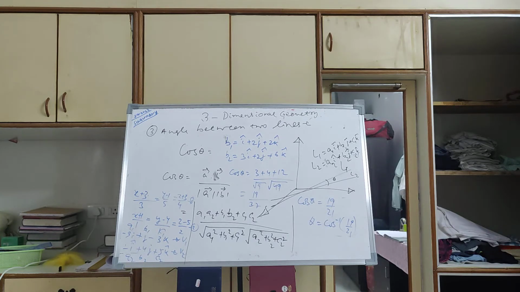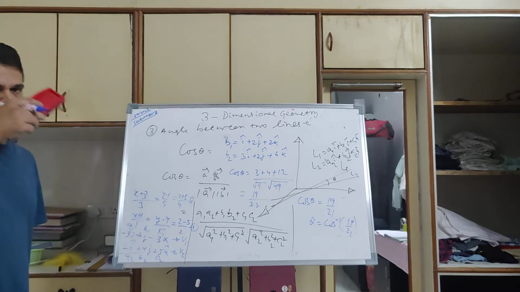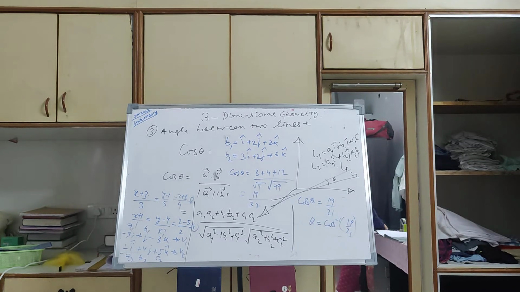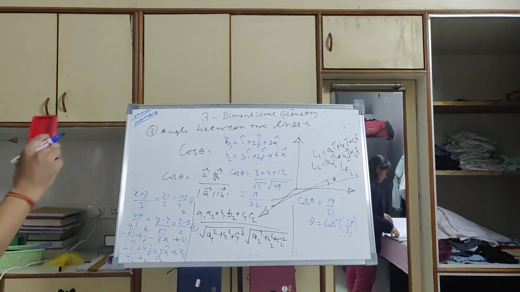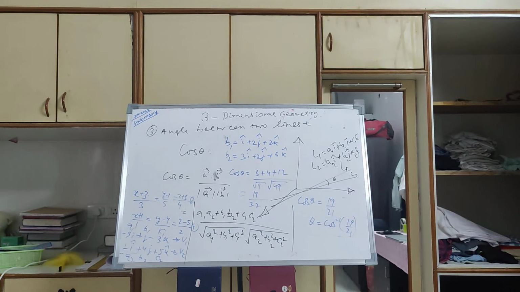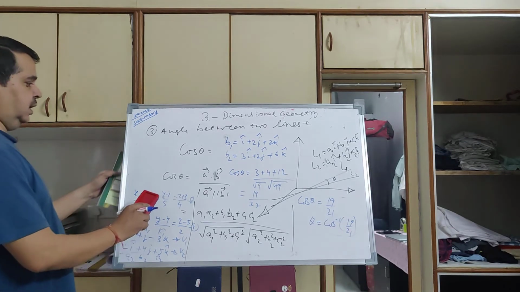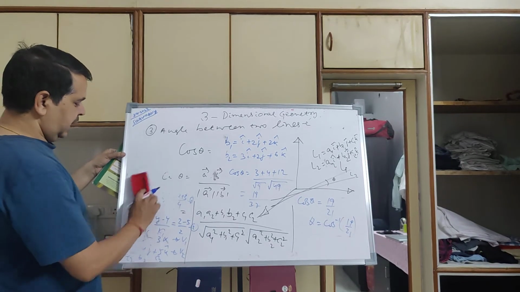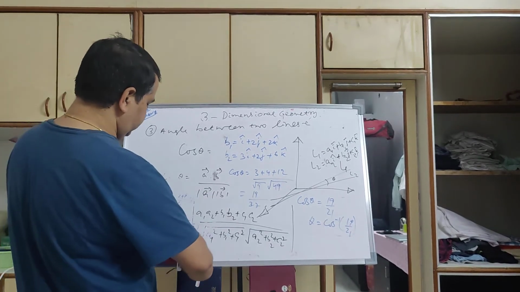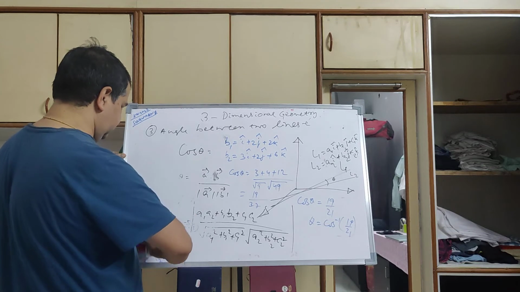So we are done. I am solving some numericals also on the board. You can refer to those numericals also. Even if you don't have to solve them, you can still see these numericals because I am teaching you and explaining to you. So if you refer to it, you will find it easy.